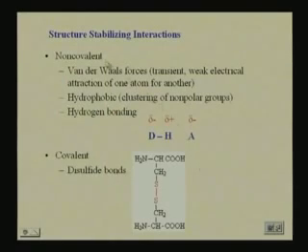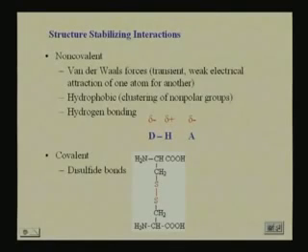So, what are these structure stabilizing interactions? The covalent, we're not talking about the peptide bond anymore because we already have the amino acid sequence. Okay, so the amino acid sequence means that the amino acids are linked together to form the polypeptide chain already. But now we also know that we have these disulfide bonds that actually form from the link of two cysteine amino acid residues, where we have this S-S linkage.